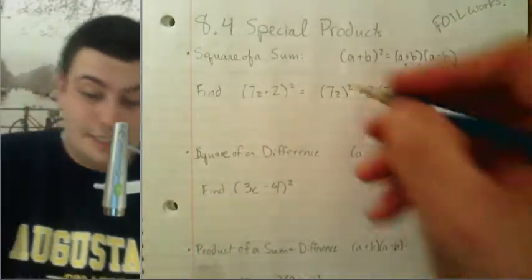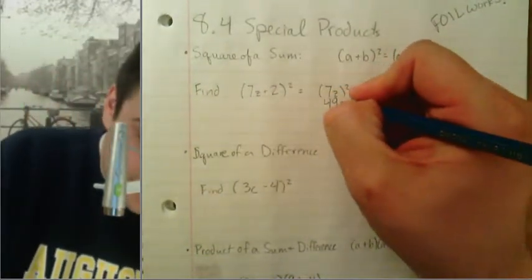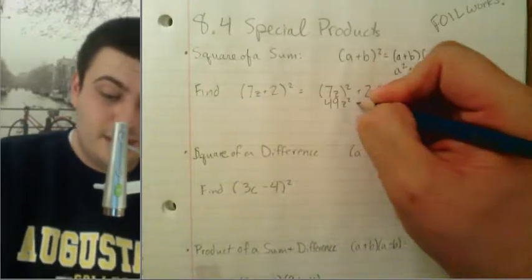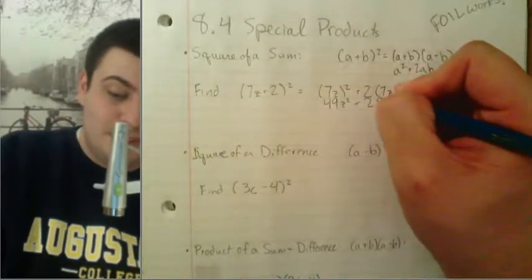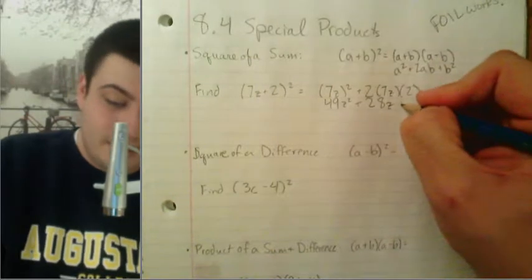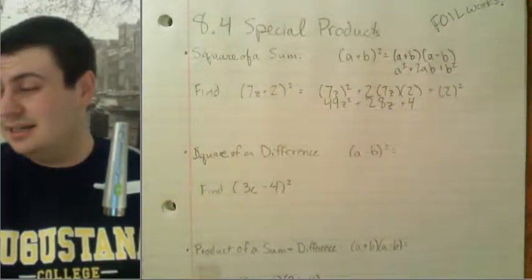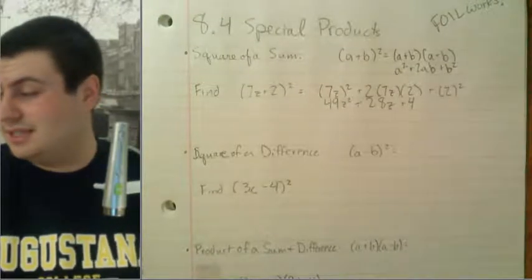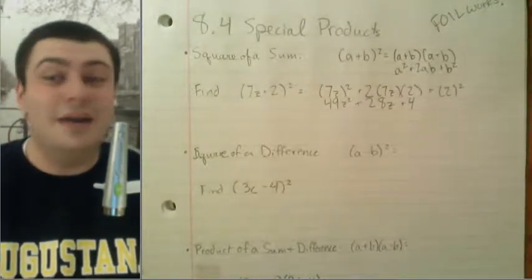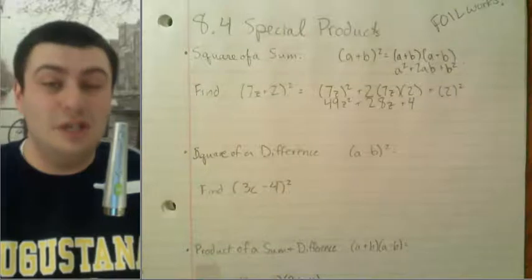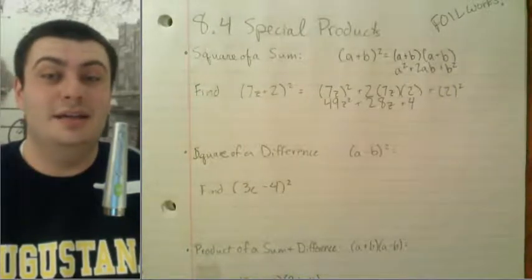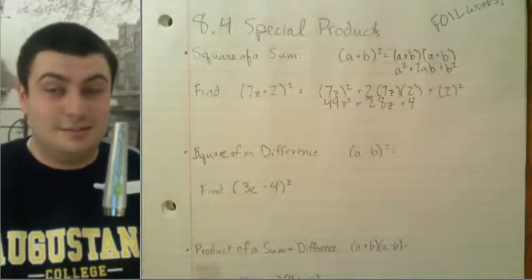Then when we do our exponent rules, we see that this is 49z squared plus 28z plus 4. And we've easily done this square of a sum, or this perfect square, without having to FOIL it out, because we know what the square of a sum represents.